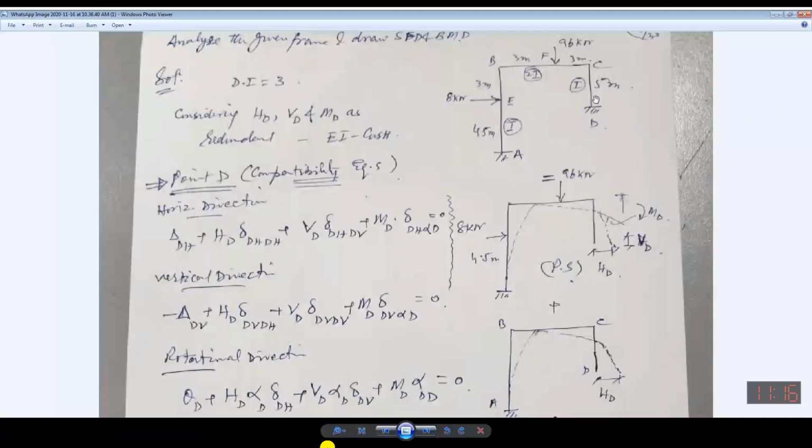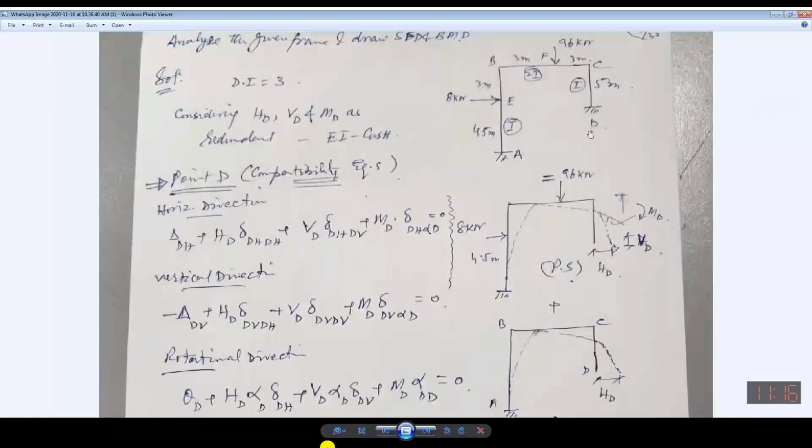Similarly, due to the vertical force, there will be horizontal displacement, vertical displacement, and rotational displacement. Similarly, due to moment, there will be horizontal, vertical, and rotational displacement.